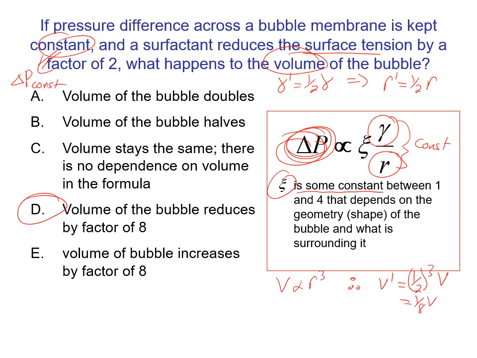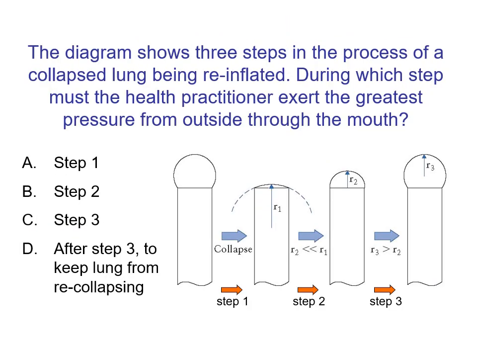Okay? Next question. During which step must a health practitioner exert the greatest pressure from outside the mouth? So we're just asking in which of these steps is there the most effort that needs to be done. And as we know, the smaller the radius, the greater the pressure difference.